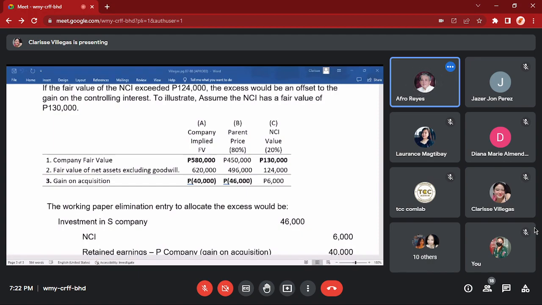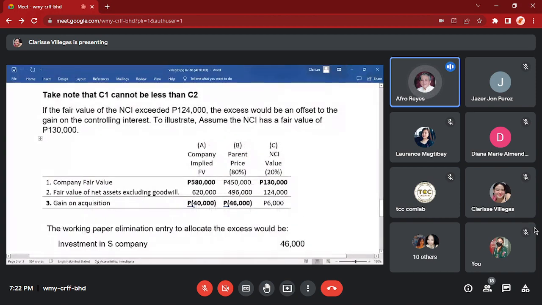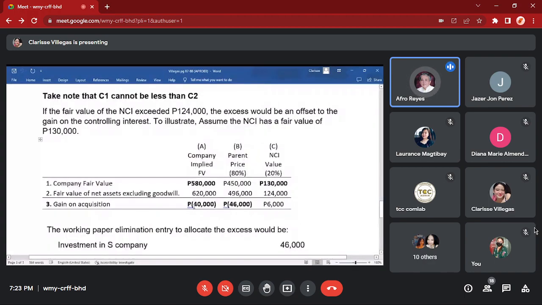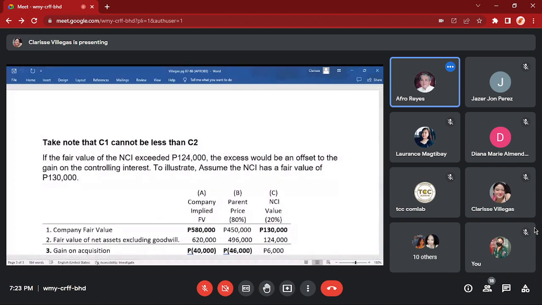And that happens when the comparison, kung may fair market value bang ibinigay, fair market value ng NCI, tapos ikukumpara mo doon sa proportionate share ng NCI sa net identifiable assets ng subsidiary stated also at fair value.